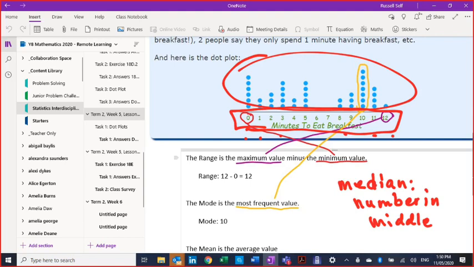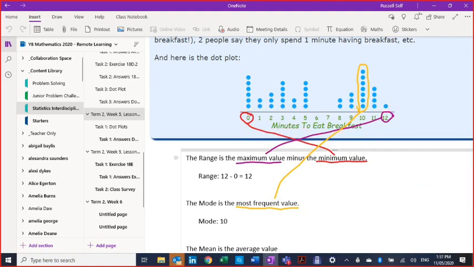That's good for us for the median because the median is always the number in the middle of an ordered set. So just another reason why using a dot plot to organize the information works really well for what we've been doing.